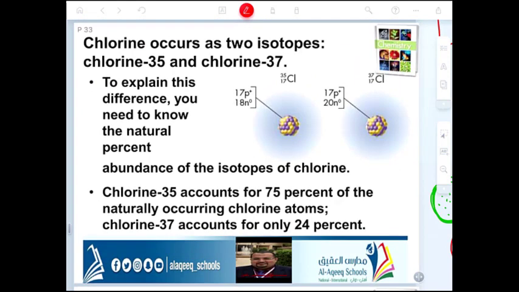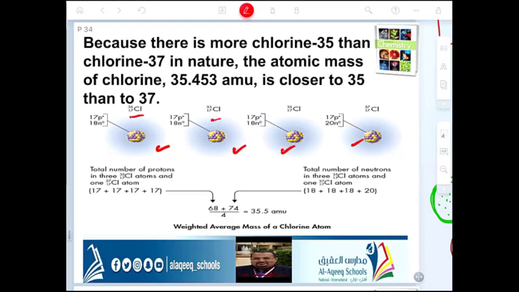Look at this. Chlorine-35 accounts for 75%, more abundant than the other, but chlorine-37 is only about 24 or 25%. If you want to get the weighted average mass of chlorine, you can find the total number of protons for the 4 forms and the total number of neutrons.